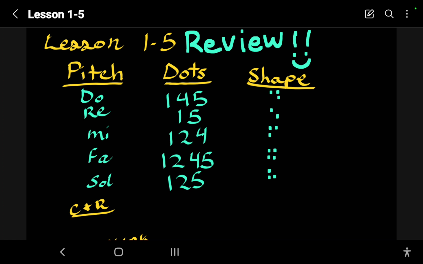And next is going to be a different one. Number 2, if you want to number it. Here's your Do. And here's the melody.